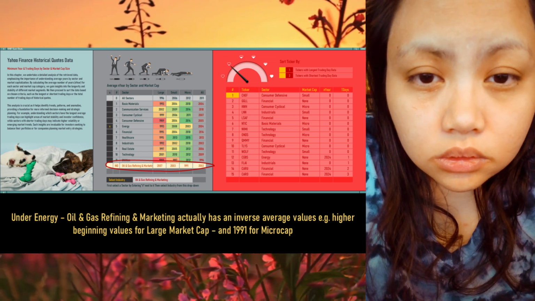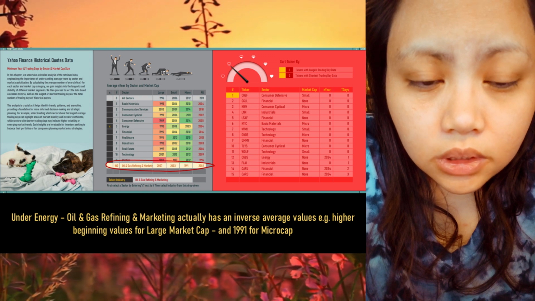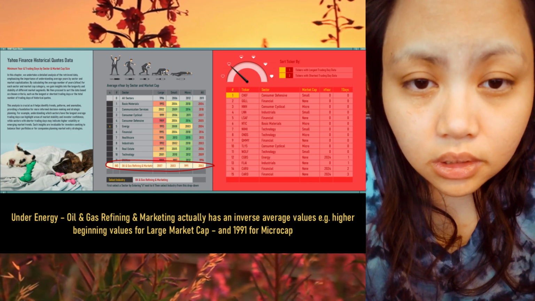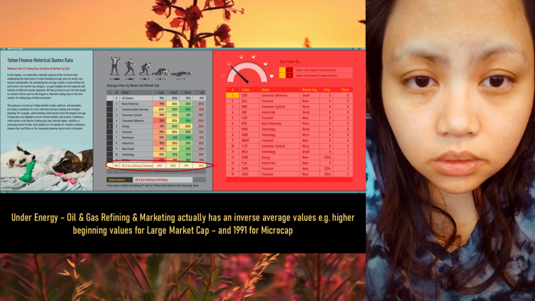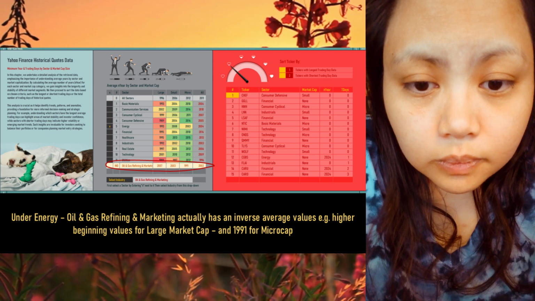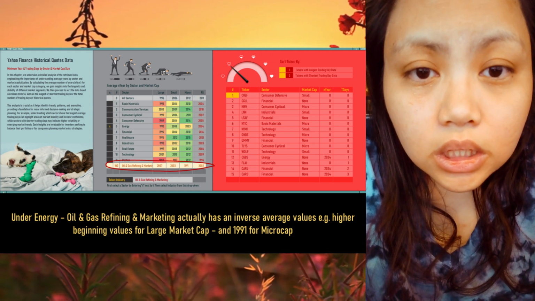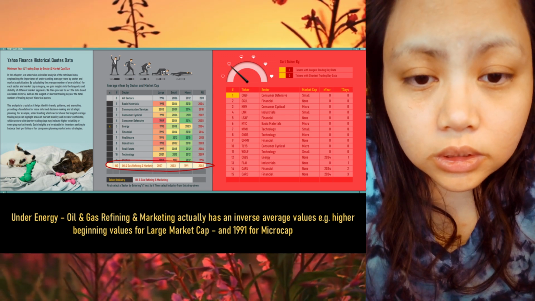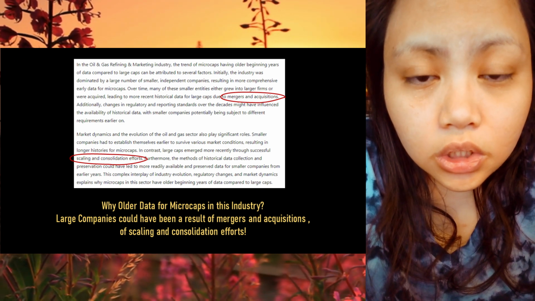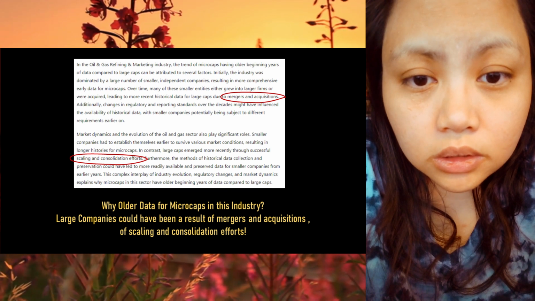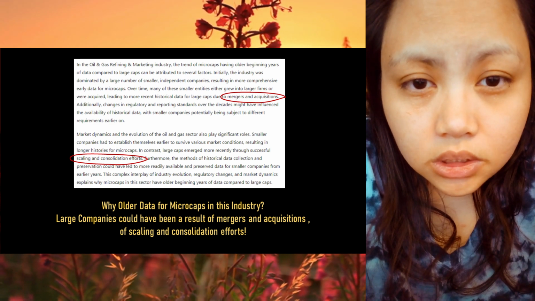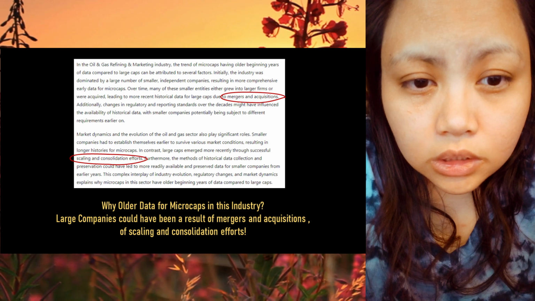like oil refining and marketing, in which the microcaps have a lower beginning average than the large market cap, which could mean, as ChatGPT reasoned, that it might be mergers and acquisitions. So the large companies could be consolidating other microcaps, and the microcap companies just stayed where they are.